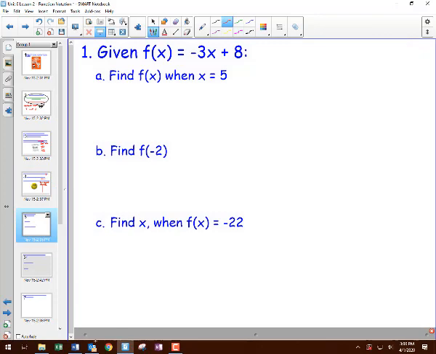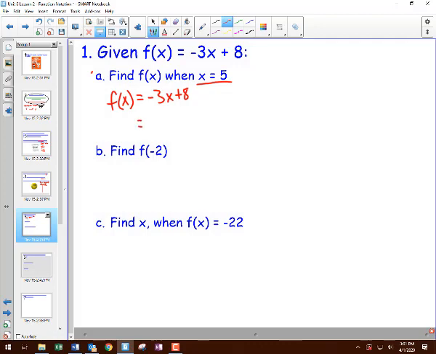We have an equation at the top, f of x equals negative 3x plus 8. We're going to use that for every single example on this page. Given f of x is negative 3x plus 8, at A, find f of x when x equals 5. So we need to find the value of this equation when x equals 5. We know x to be 5.